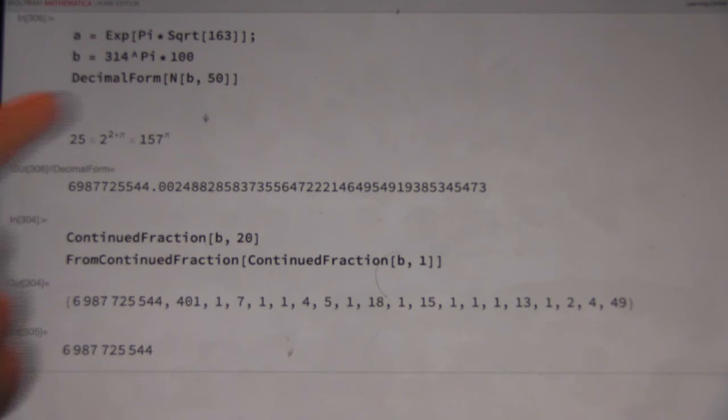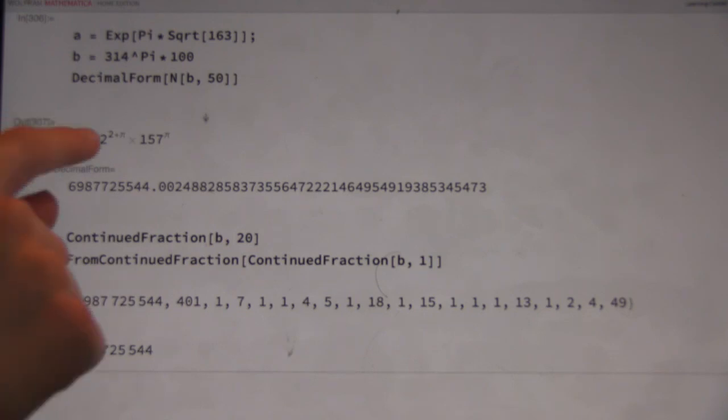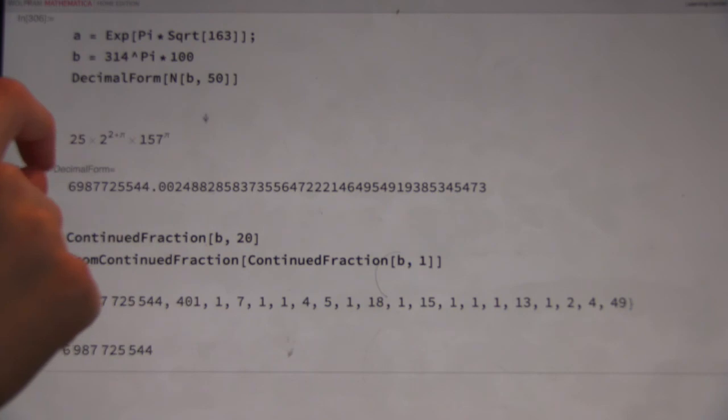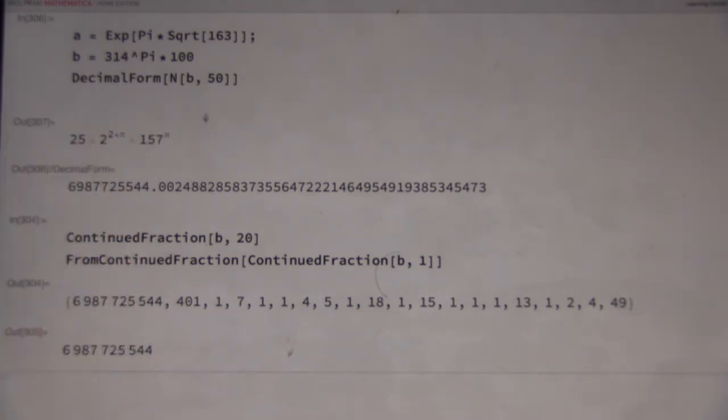Ah, well, you have 2 to the power of 2 plus pi, which is 2 squared times 2 to the pi. So that splits into 2 squared for the 100, since 25 times 4 is 100, and then 2 to the pi times 157 to the pi. Nice.